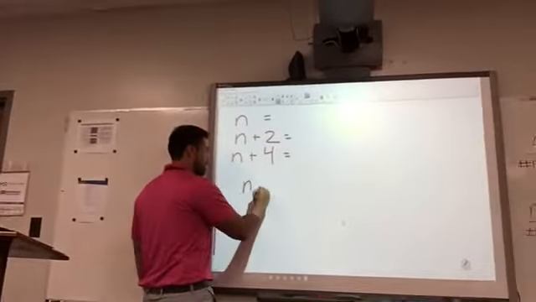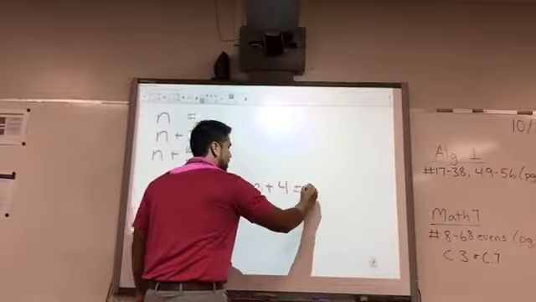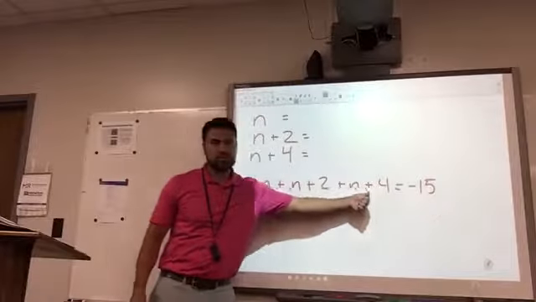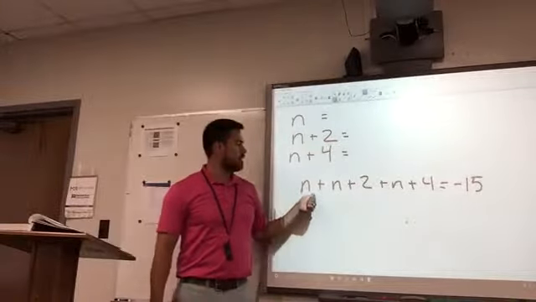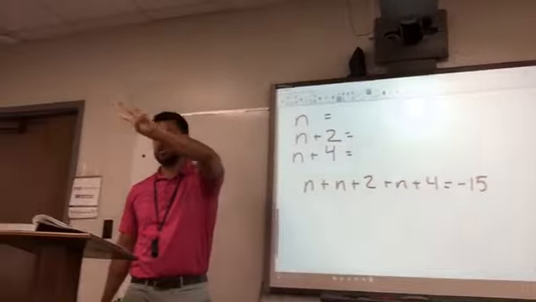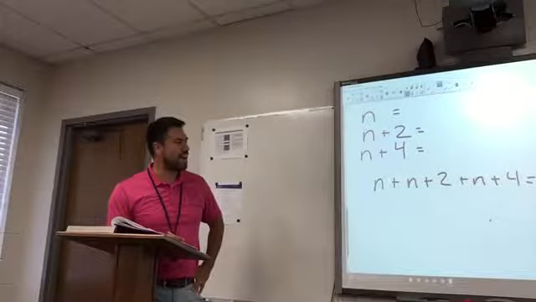You're going to say, Mr. A, are you sure? Negative 15. Are these the first 3 consecutive integers? N plus n plus 2 plus n plus 4. Oh my goodness, this problem is ridiculous. Really? All that?